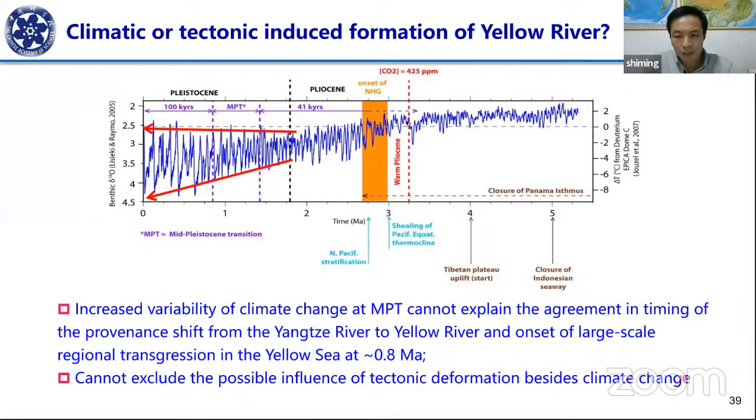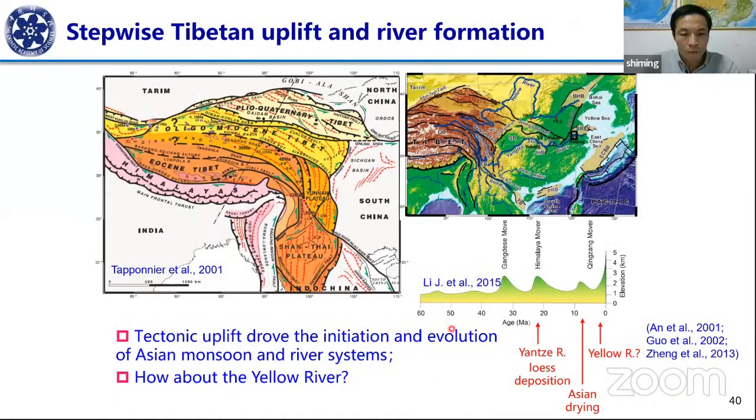Climate may be a factor, but we cannot exclude the tectonic factor. Many studies suggest that the stepwise uplift of the Tibetan Plateau drove the initiation and evolution of the Asian monsoon and river systems.